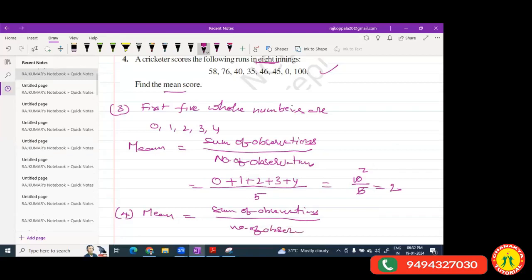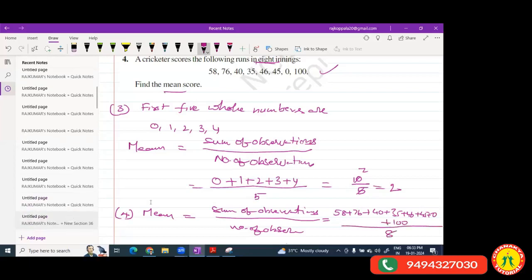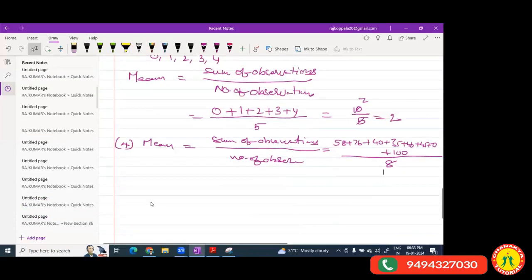So we have to write all: 58 plus 76 plus 40 plus 35 plus 46 plus 45 plus 0 plus 100 divided by how much? 8, meaning 8 innings.